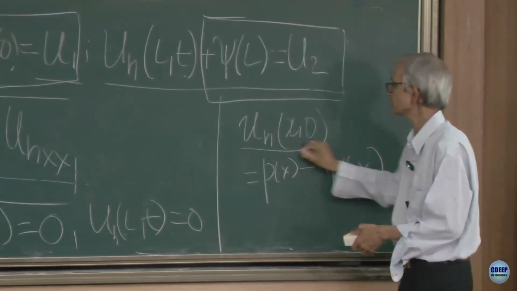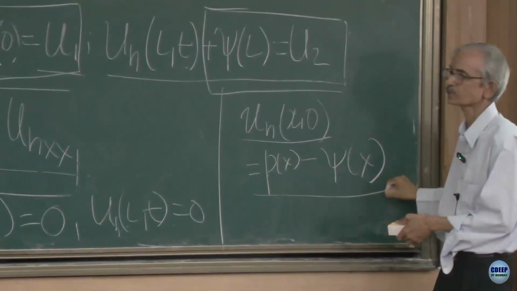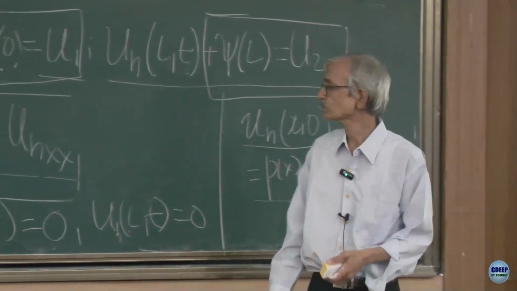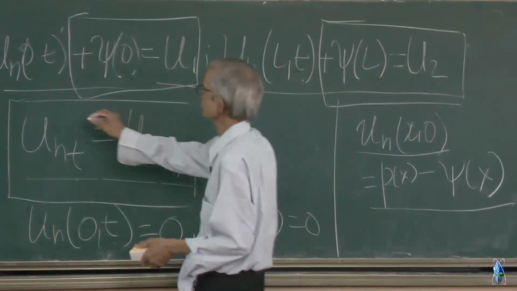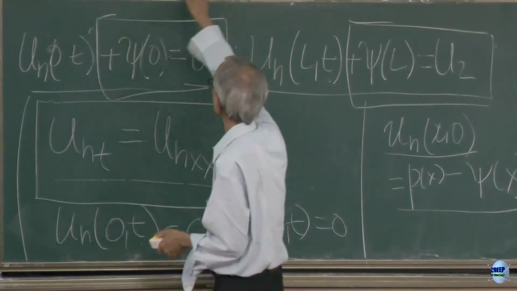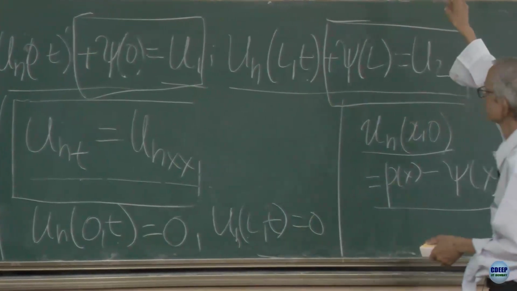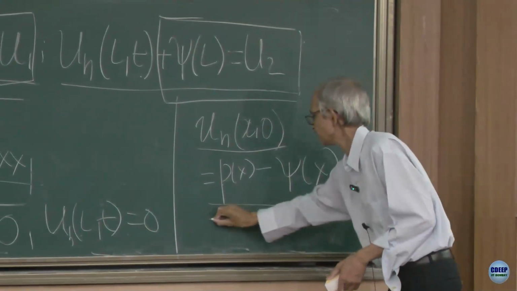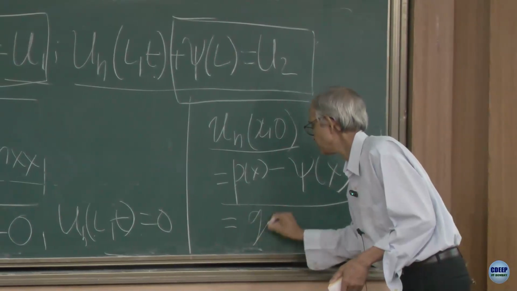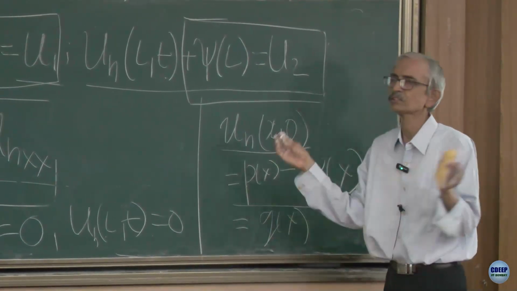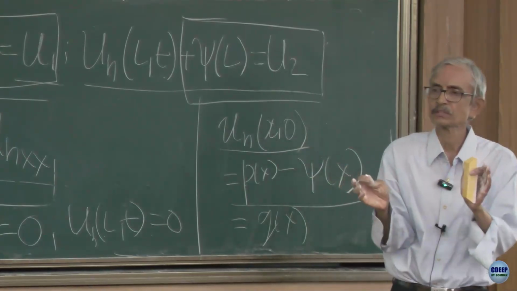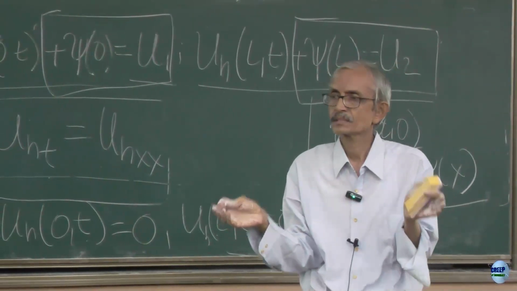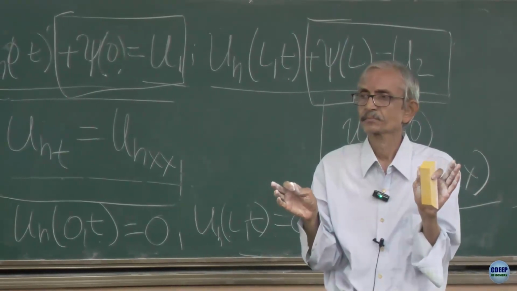So I get what is UHX0 as Px minus psi of x, right? So I already know the solution for this guy, and I have pushed in that psi of x for which I obtained the solution, and this guy is another q of x, and I just need to go ahead and use the solution which I already have and obtain the new solution. Same old stuff. Okay.